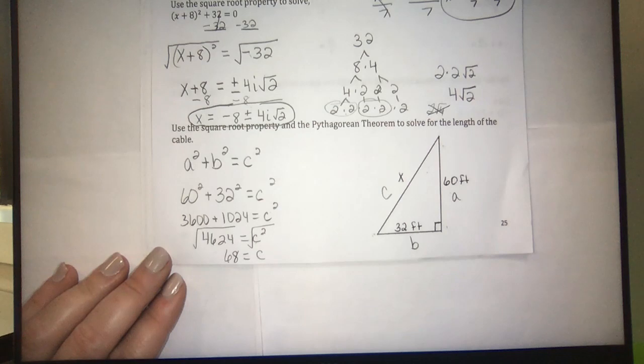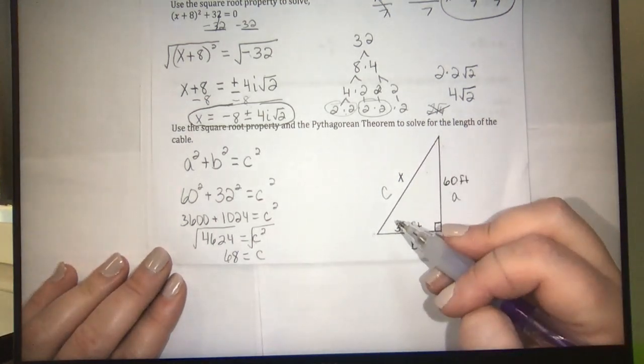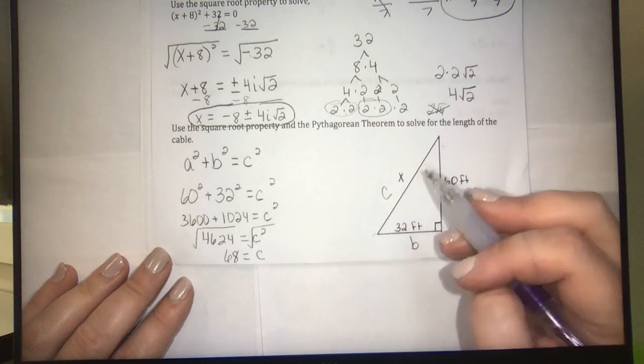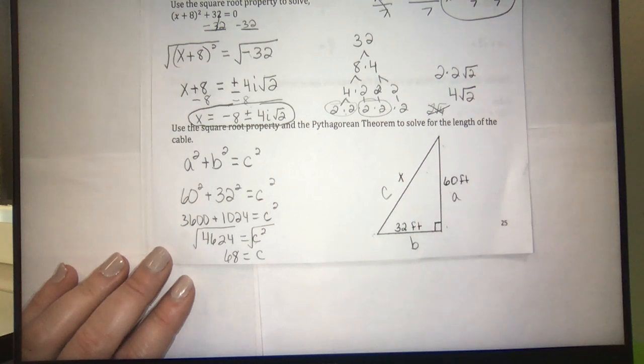Why do we not use the minus with Pythagorean? Think about what that represents. That's the length of the cable. Would you ever tell someone, cut me negative 68 lengths of something, right? In Pythagorean, what you're actually finding is a length. Those numbers are lengths. And you cannot have a negative length.